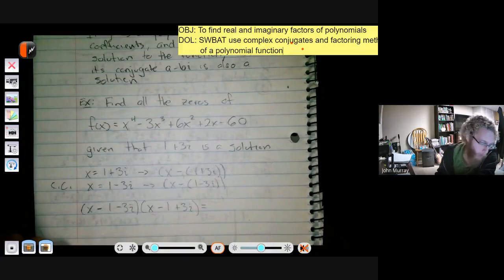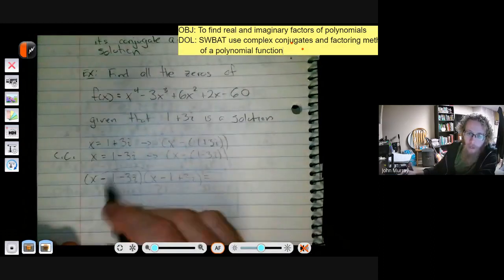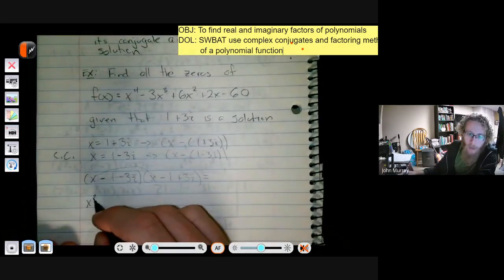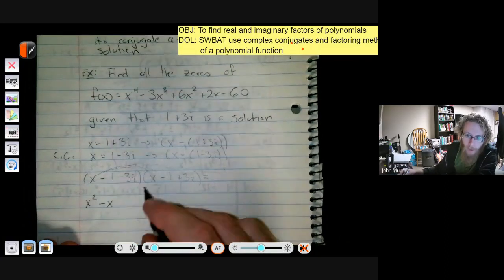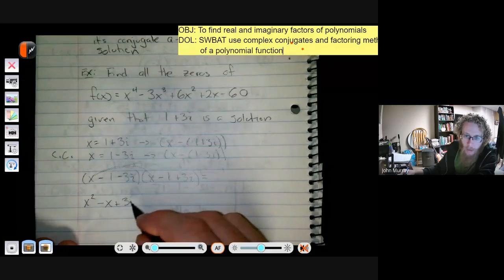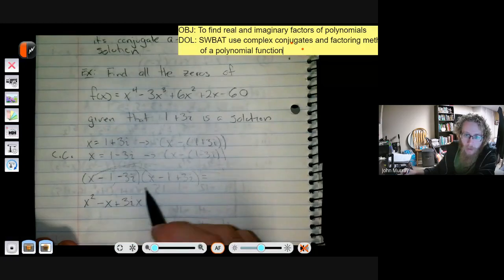So now this part is probably one of the longer parts. You just have to distribute everything. So we have x times x is x squared. X times negative 1 is negative x. X times 3i is 3ix. We move on to the negative 1. Negative 1 times x is another negative x.